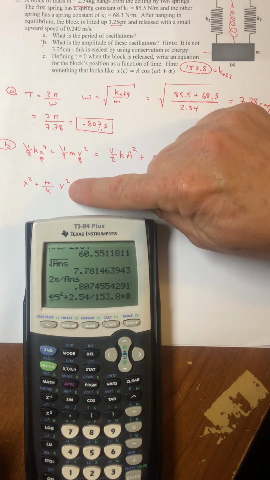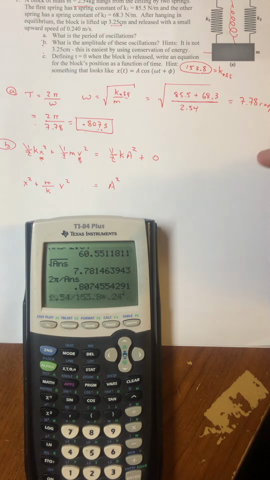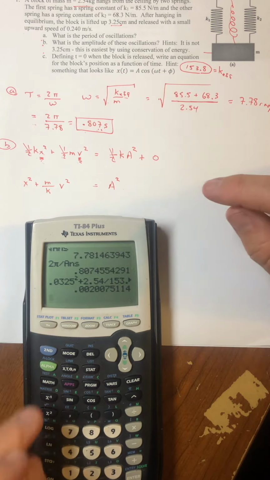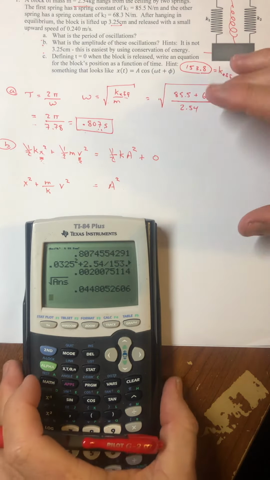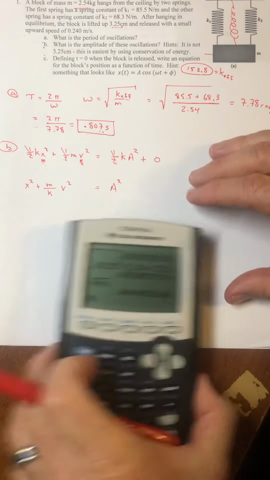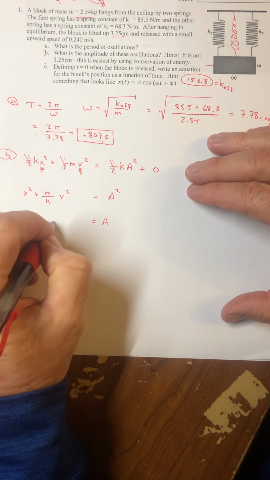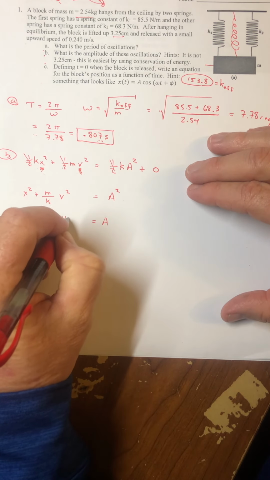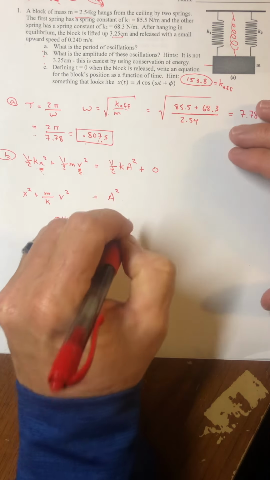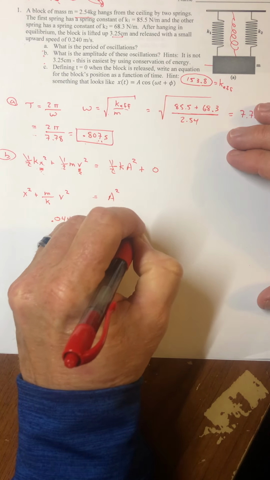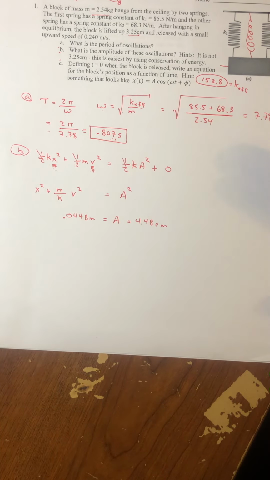And then that velocity that I nudged up, 0.24 squared. And that should be the amplitude squared. So if I take the square root of that, I get an amplitude of 0.0448 in meters. And if you want, you can write that as 4.48 centimeters. Either is perfectly fine.